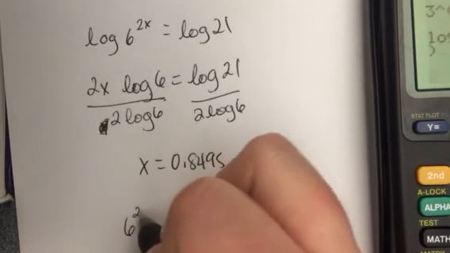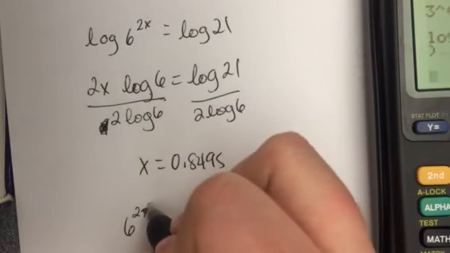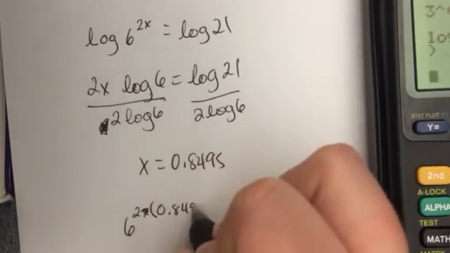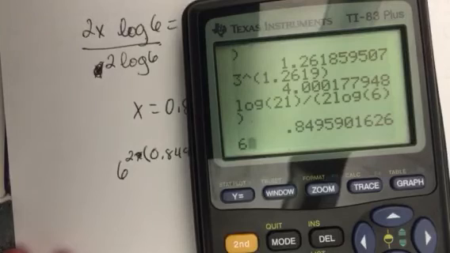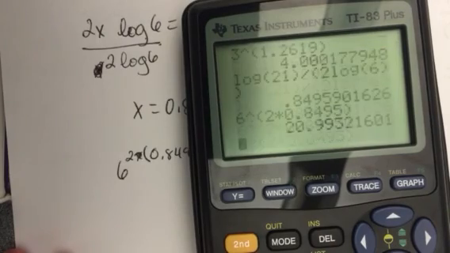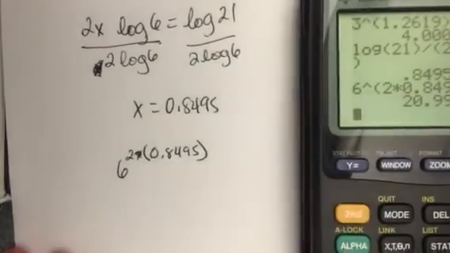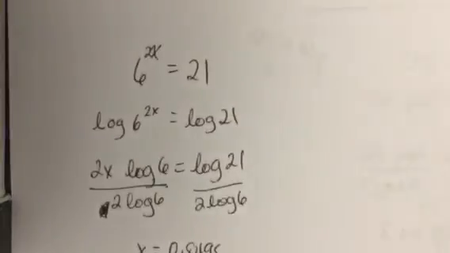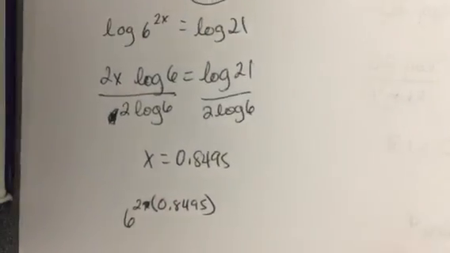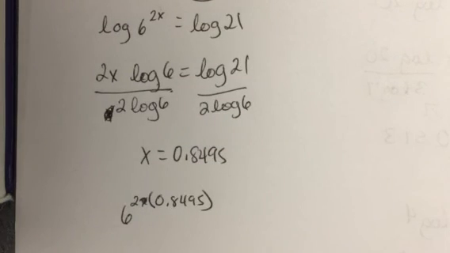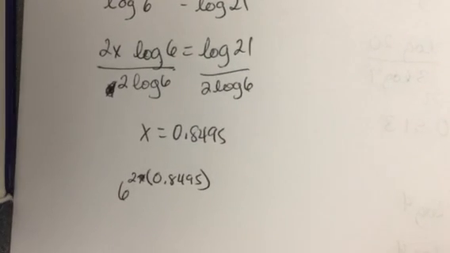We're doing 6 to the 2x power, so replace the x with 0.8495, and we get 20.99, which rounds up to 21, which is what we were aiming for. So it works. There are a few examples to play around with and watch. Good luck.